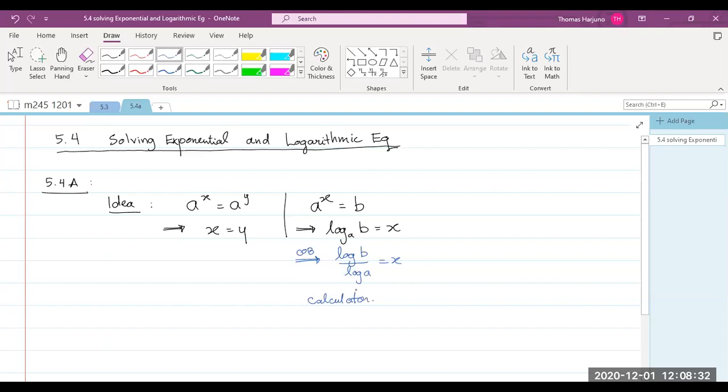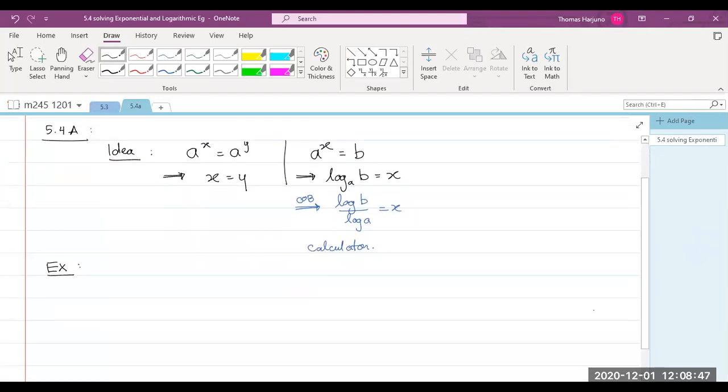Now, if the number can be changed into base a, you have to change it to base a. For example, I go to the question right away. Number 14. And you will see I tend to do it quite fast here. 3 to the x equals 243. Now you need to recognize 243 as 3 to some power.